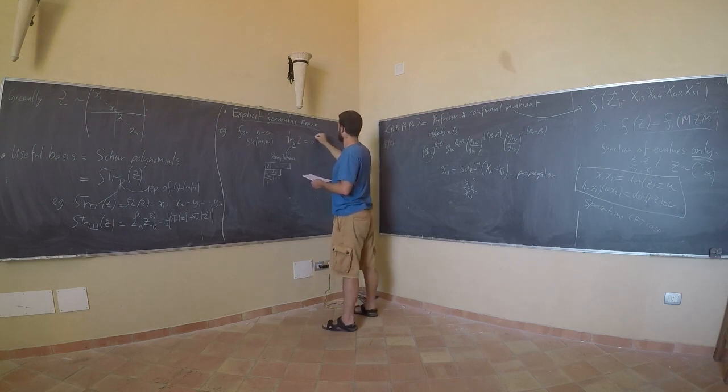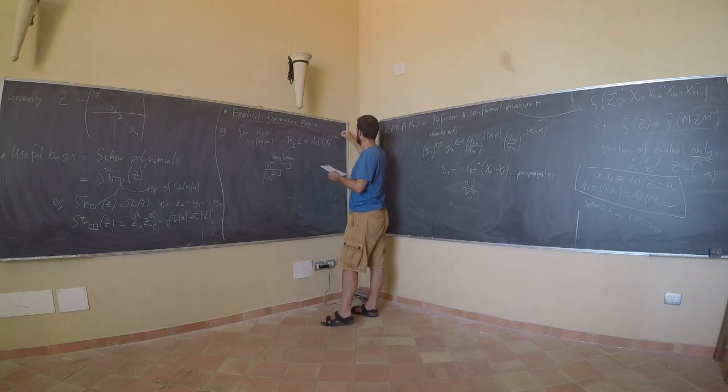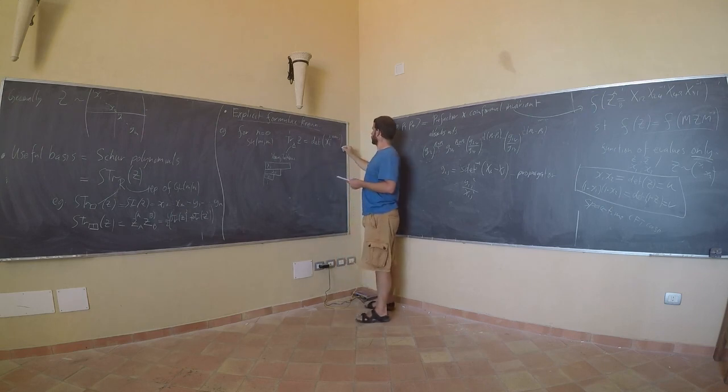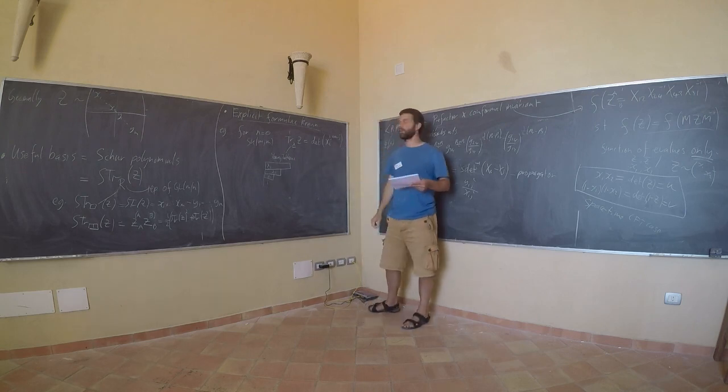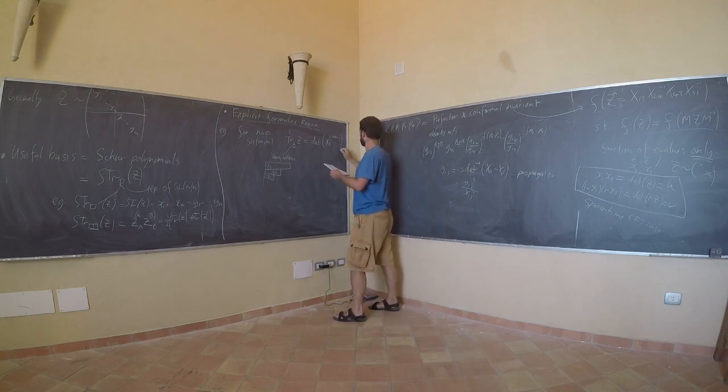It's simply given by the determinant of x_i to the power lambda_j plus n minus j, thinking of it as an ij matrix, with i and j running from 1 to n.